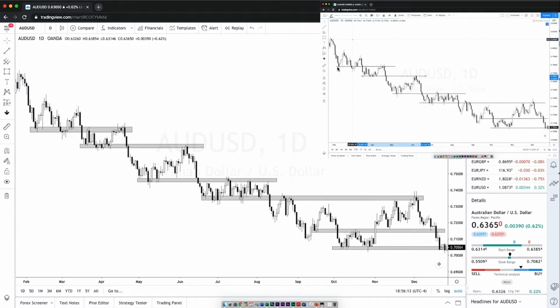So here you can see, if we were looking to trade off this, let's say we were looking at the 1 hour chart and it gave us a signal because we did get a little wick up here, right? So let's say on the 1 hour chart, we got a signal to go long. Well, we would have got stopped out.